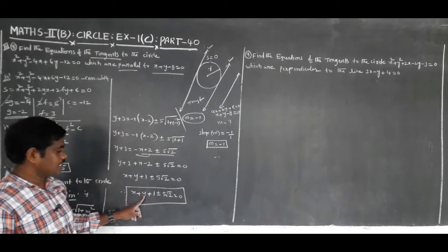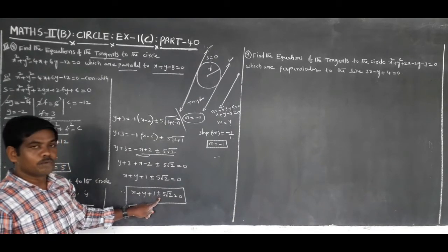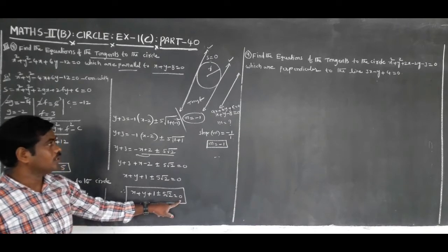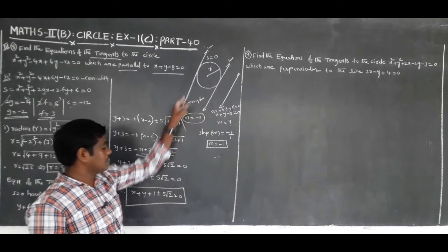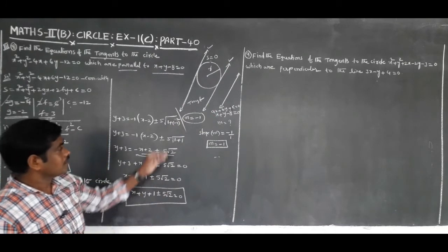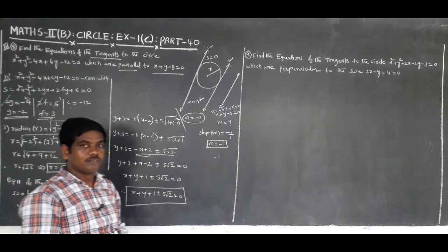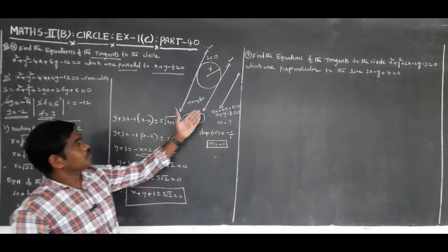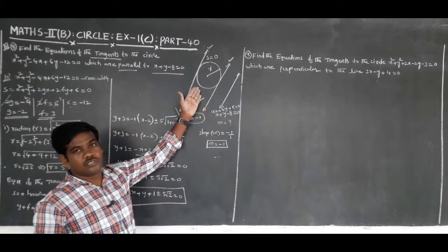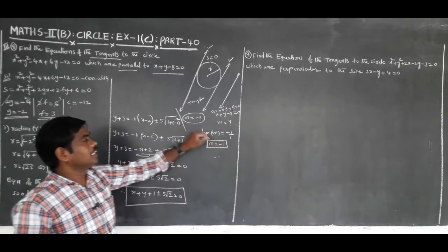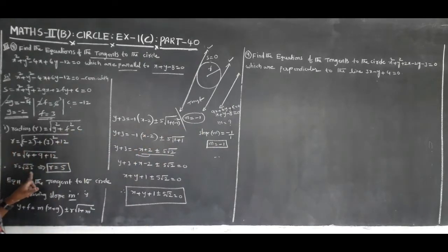x + y + 1 ± 5√2 = 0. The first one is positive, the second one is negative, plus or minus. This is the process for finding the equation of the tangent to the circle S = 0 which are parallel to the line. First find the radius of the circle.